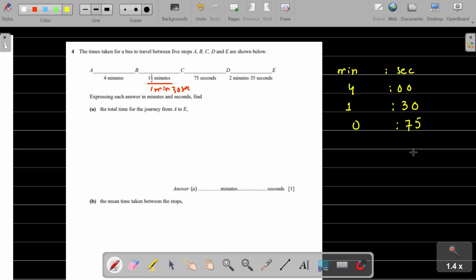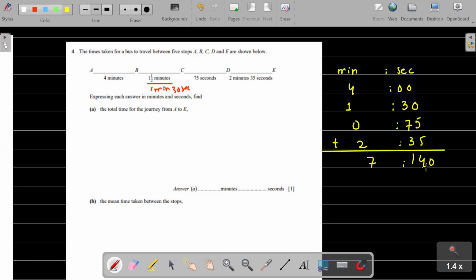Then from D to E, it is 2 minutes and 35 seconds. Let's add them up. By adding them up, it is going to be 35 plus 75 plus 30. It is 140 seconds, and minutes will be 4 and 1, 5, 6, 7.